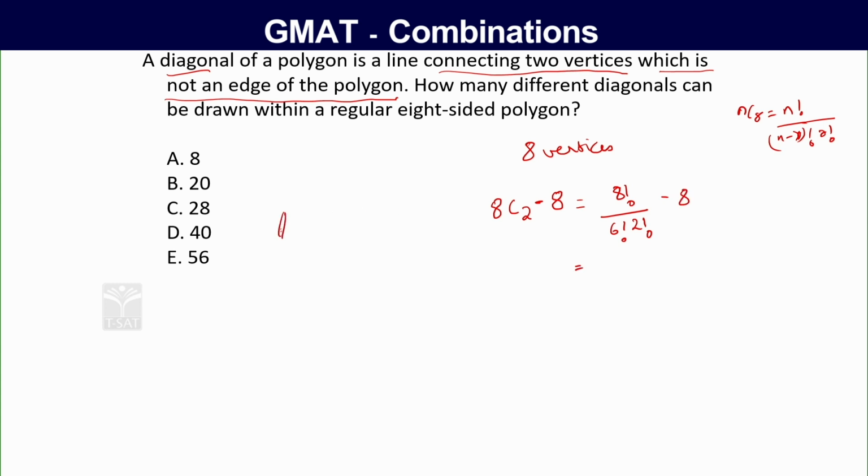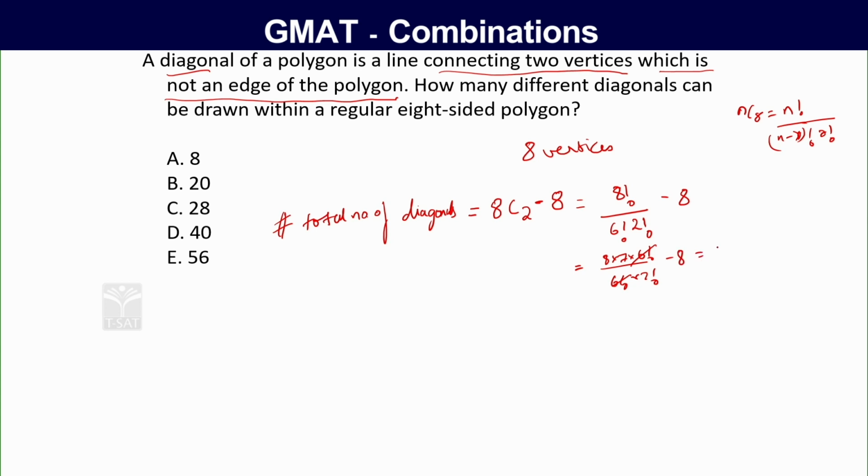This is the total number of diagonals. So, 6 factorial and 6 factorial will get cancelled. 8 factorial is nothing but 8 into 7 into 6 factorial divided by 6 factorial into 2 factorial. 6 factorial gets cancelled.